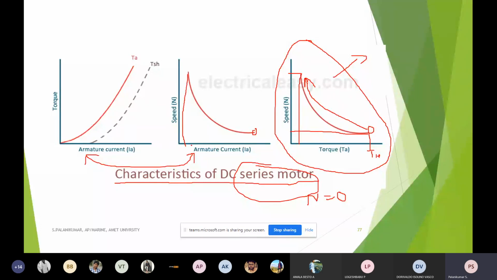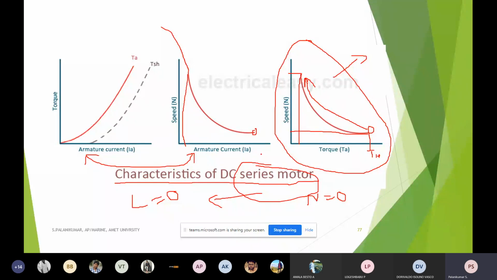We cannot reduce the load completely because the motor goes to a runaway speed. After a certain point, we cannot run the series motor at no load; I have to keep some amount of load on it. If the motor is running at no load, it will enter runaway speed, which will burn the winding.